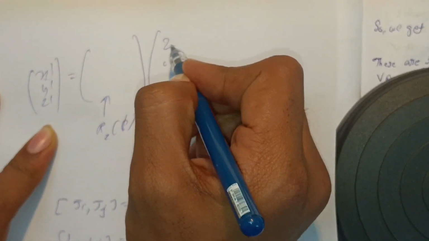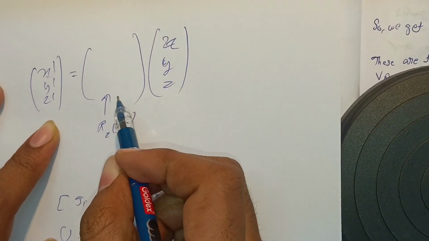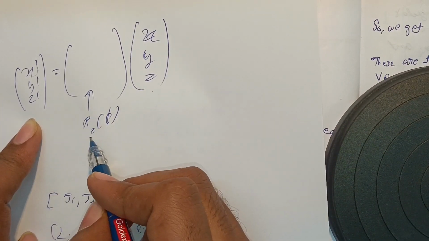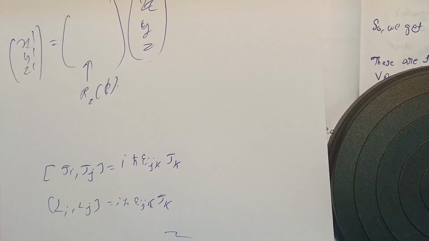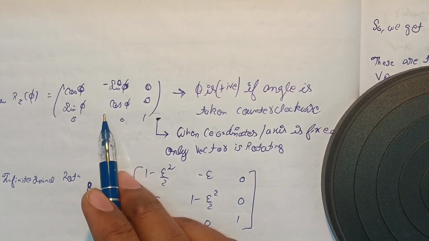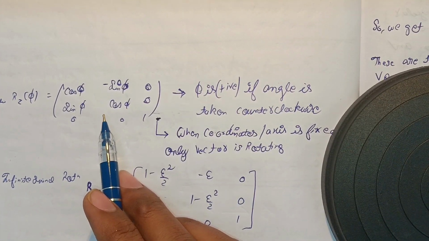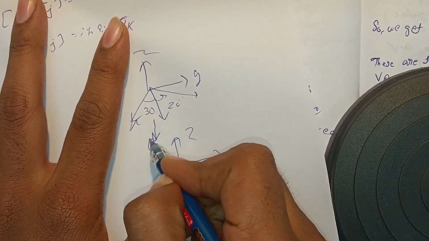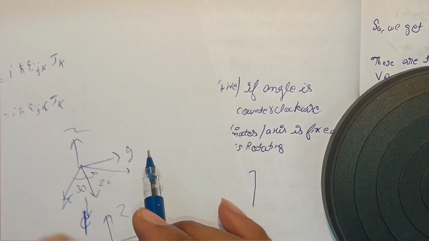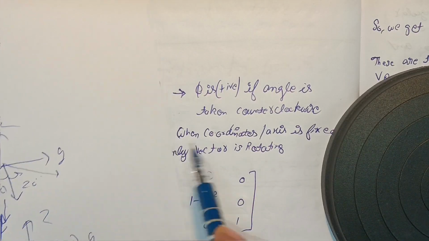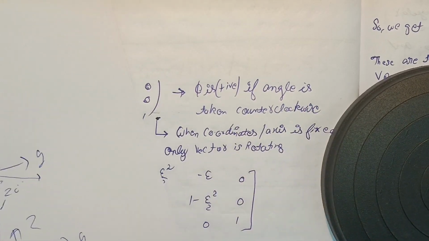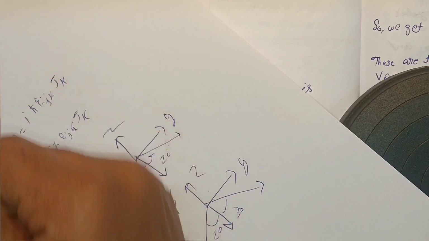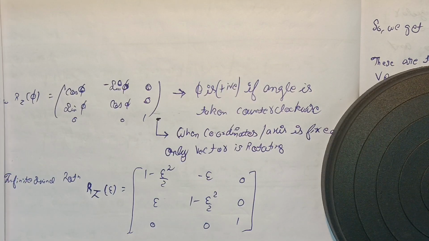So you are rotating a vector about the z-axis by angle phi, and for that you have this rotation matrix. Phi is positive only when you are going anti-clockwise.